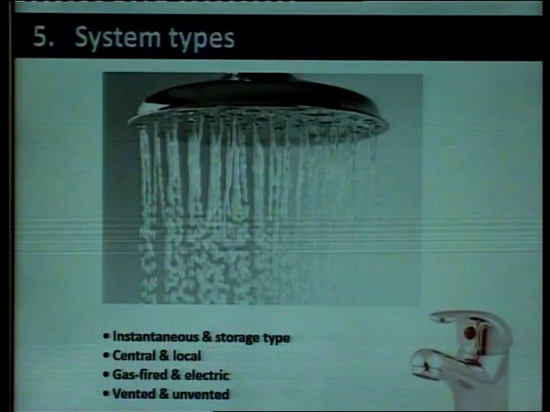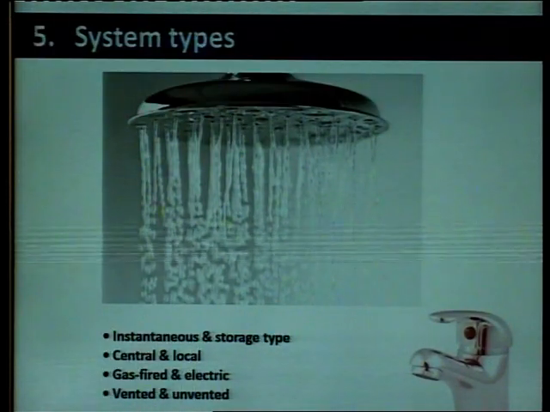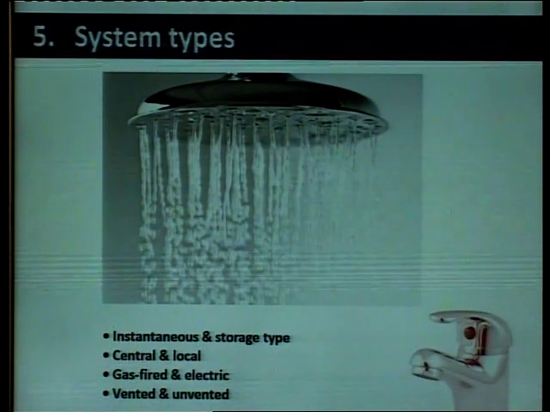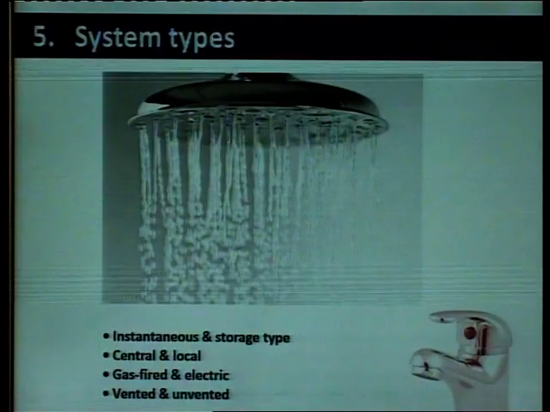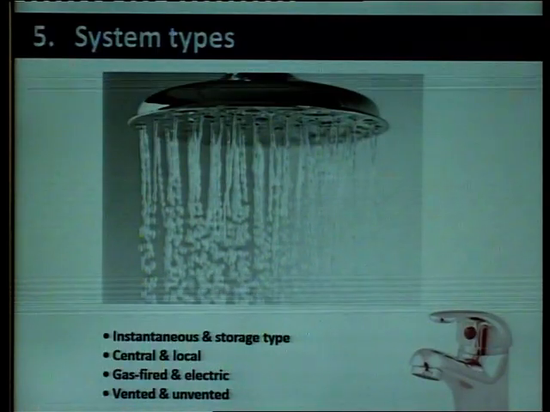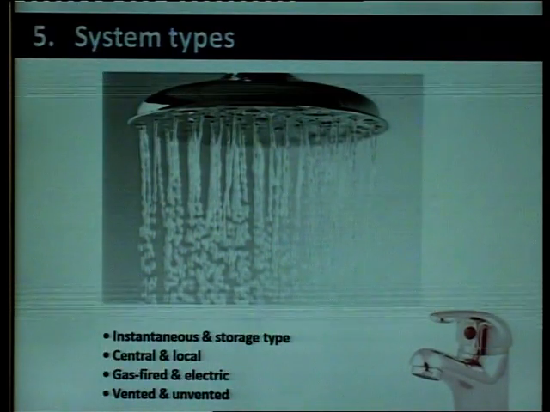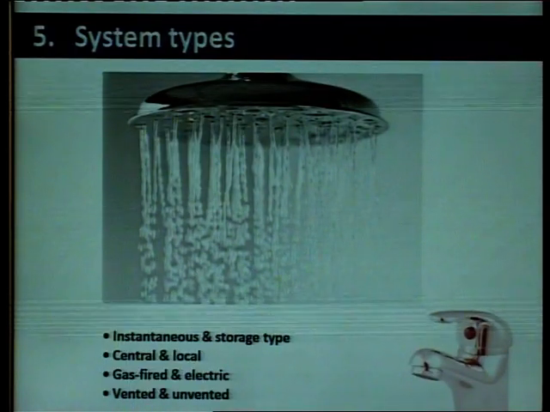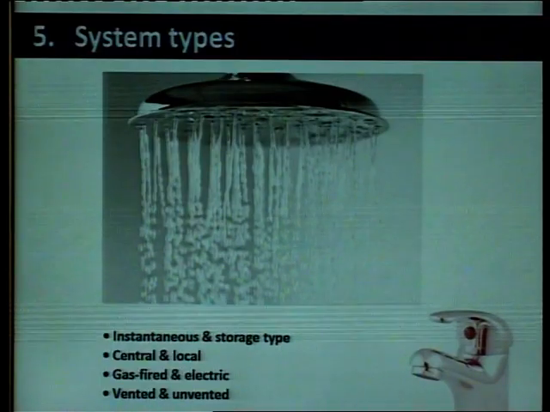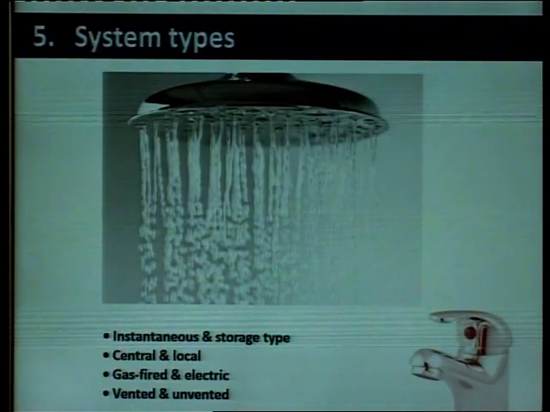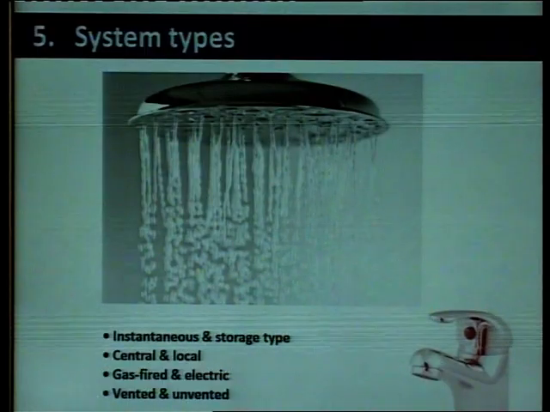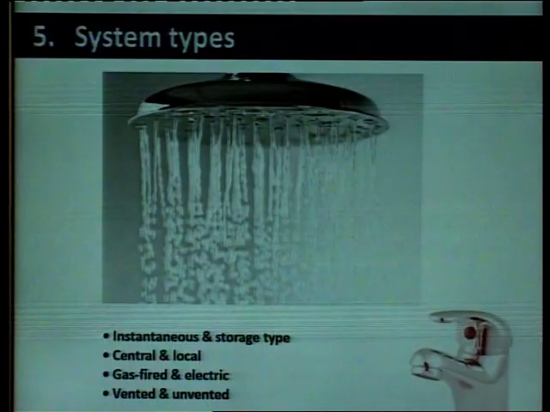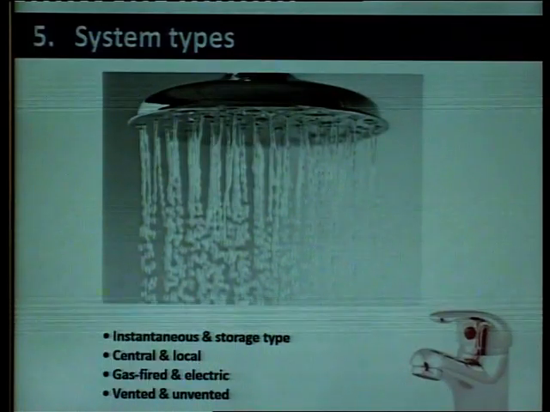The second type, we could have central systems or local systems. This is now applicable to non-domestic types of hot water supply, where, let us say, in a hotel you would want to have a central hot water supply system, or there could be a local system also, depending upon the period in which the guests would be there or not be there, whether the hotel is functioning at optimal levels or there is a decrease in the number of inhabitants at a particular time.